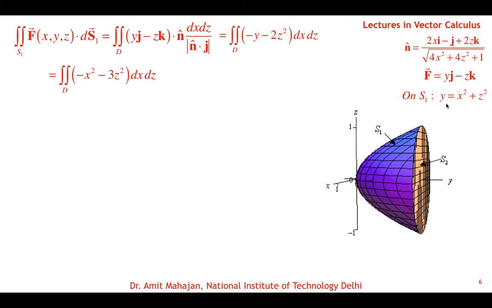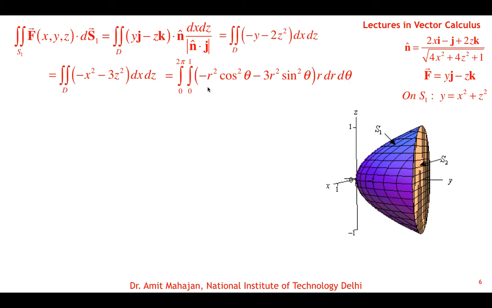Then this projection is a disk, so we can easily find the limits by using transformation to polar coordinates. So x as r cos theta and z as r sin theta, and dx dz will be the Jacobian times dr d theta, and for Cartesian to polar we know the Jacobian is r. It's a unit disk, so radial limits are 0 to 1 and theta limits 0 to pi.